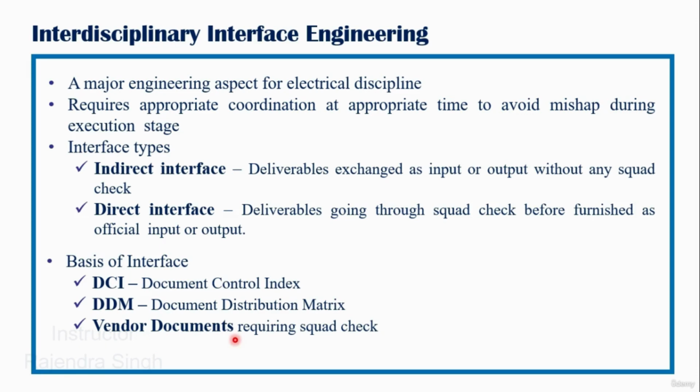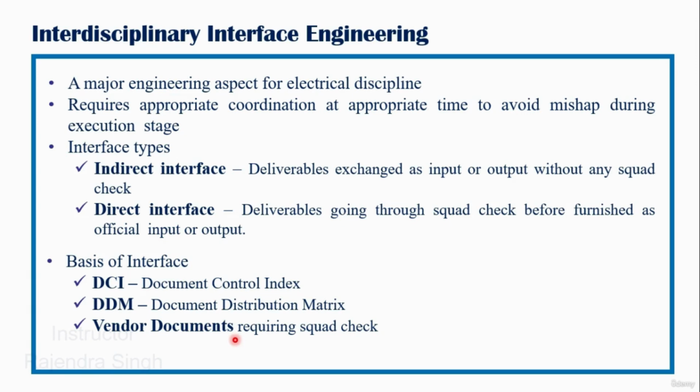Any project life cycle from the engineering perspective is divided into two parts. First is the pre-order engineering stage and second is the post-order engineering stage, the vendor document review stage rather.